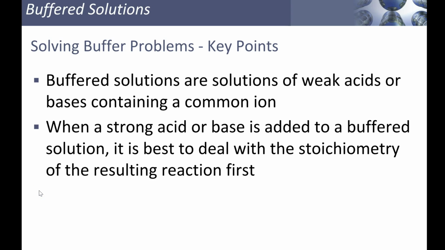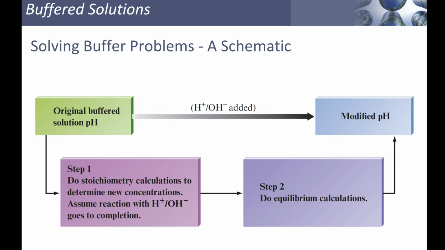So, back to buffered solutions. We're going to solve these things, and the solution is going to be a little different, and then we'll talk about the titration afterwards and the importance of all that good stuff. So, you're going to have a buffered solution with some pH, right?